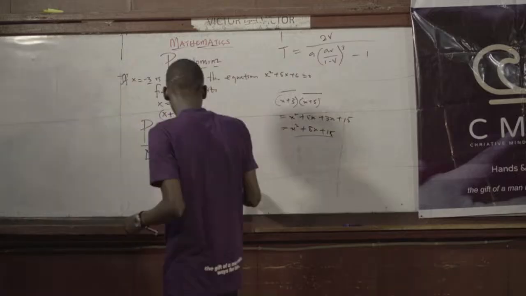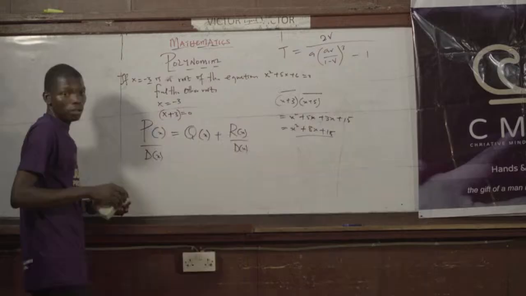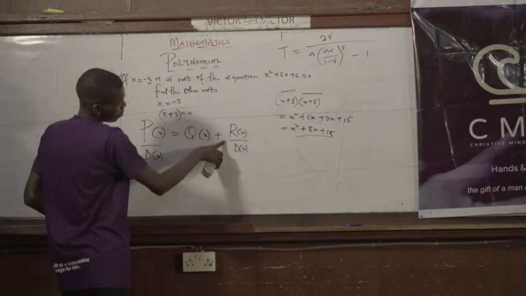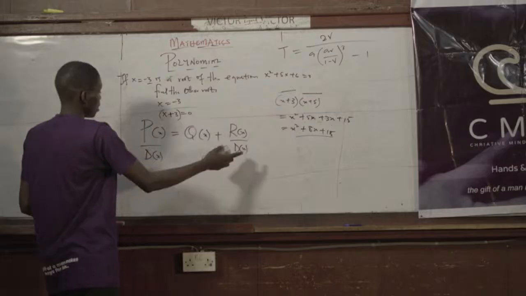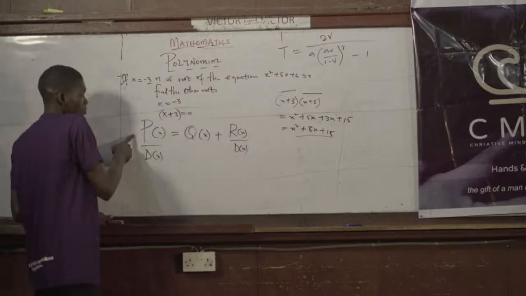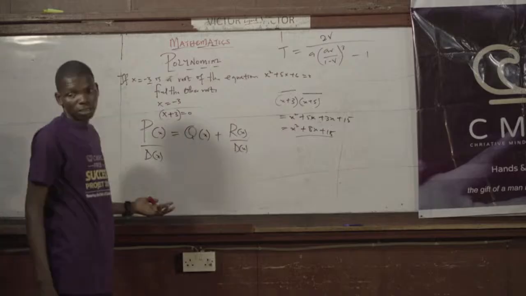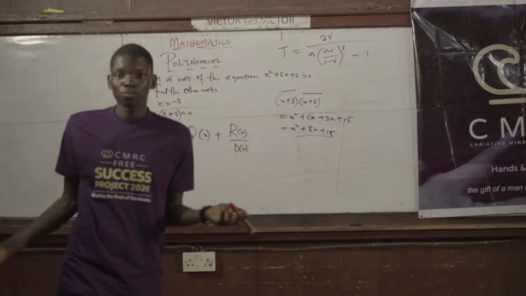This q of x that we have here is what we call the quotient. This is the remainder divided by the divisor when we divide the polynomial p of x by d of x. Once you understand this, we can easily perform divisions of polynomials.